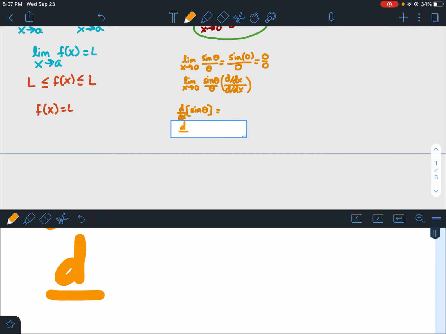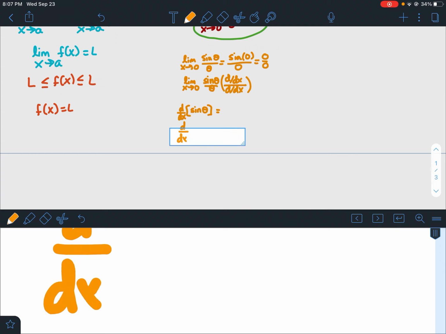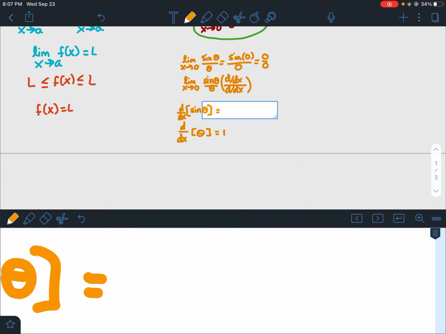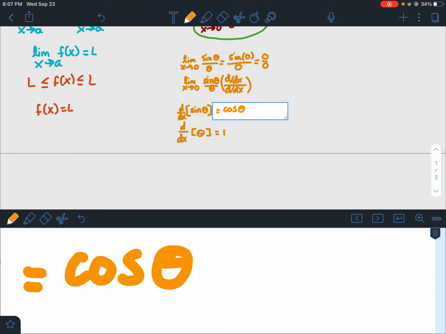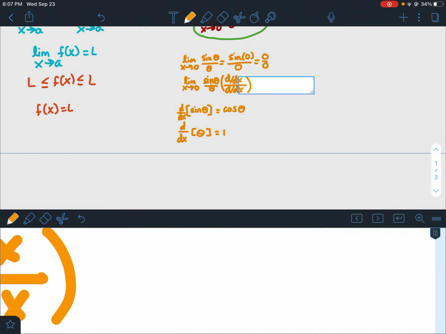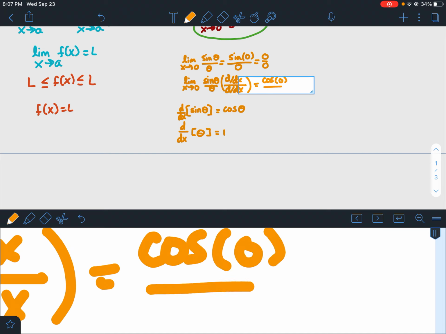And then you're doing the derivative of theta. Any constant is going to be 1, definitely. So the derivative of the sine of theta is going to be the cosine of theta. That's the rule of derivatives. So plug in that 0, cosine of 0 over 1, which is just 1.